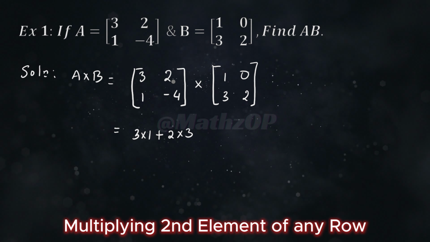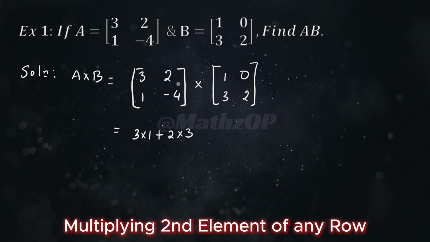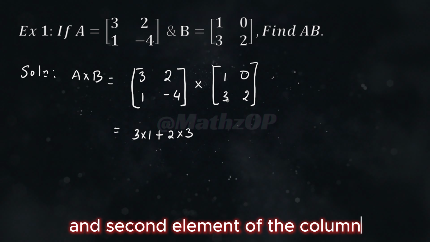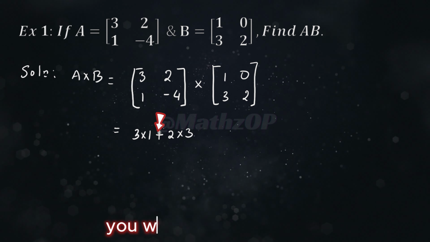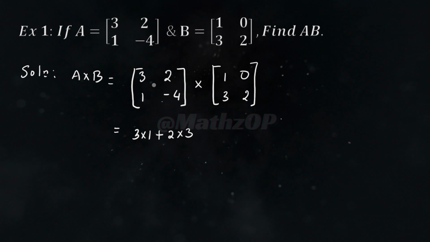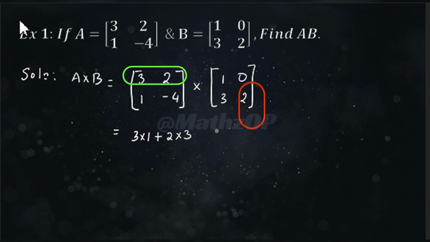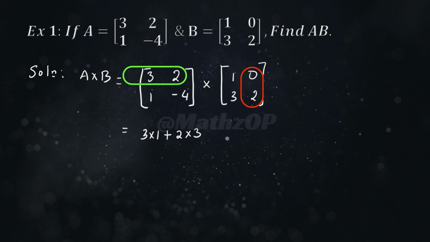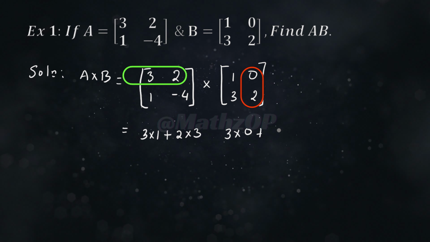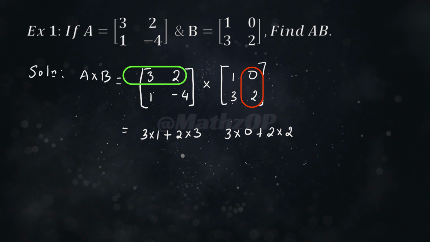When you are multiplying the second element of any row and the second element of the column, you will put a plus sign here. Again we will multiply first row with the second column. 3 into 0 plus 2 into 2.